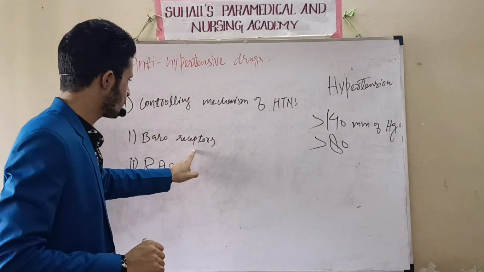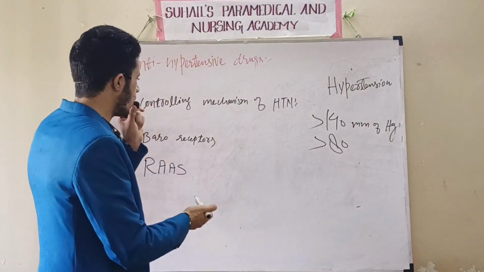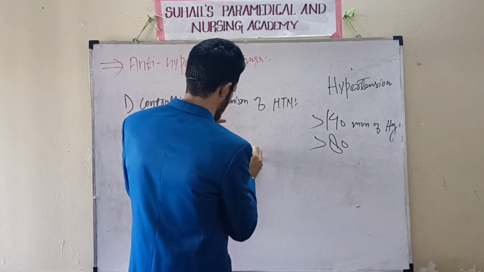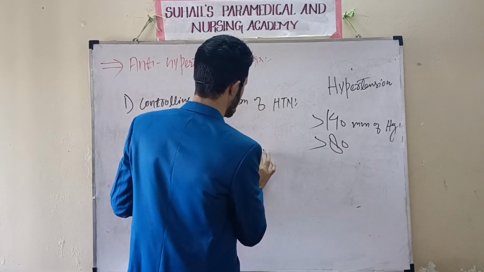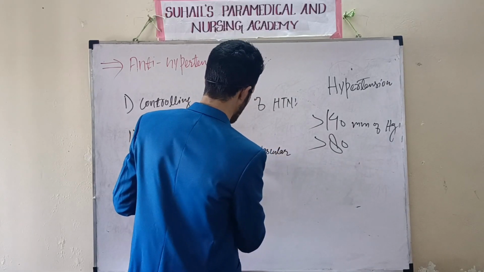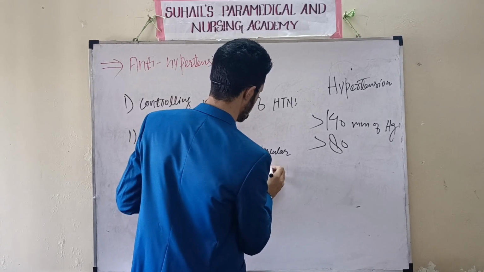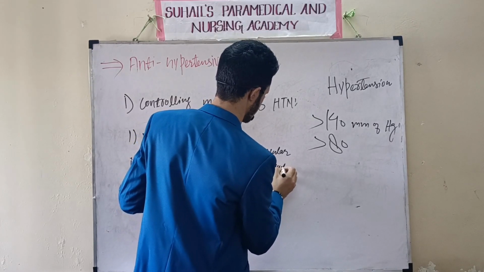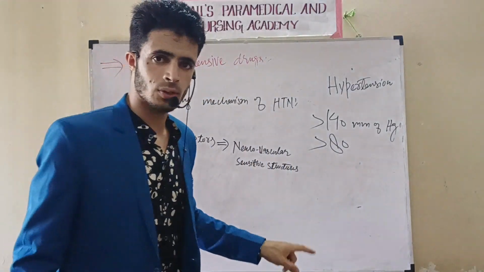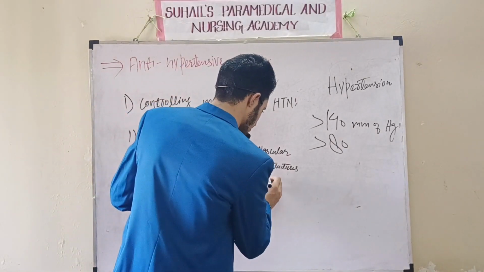Now in case of baroreceptors, what are baroreceptors? You may be confused. Baroreceptors are neurovascular sensitive structures, which are present at two places.